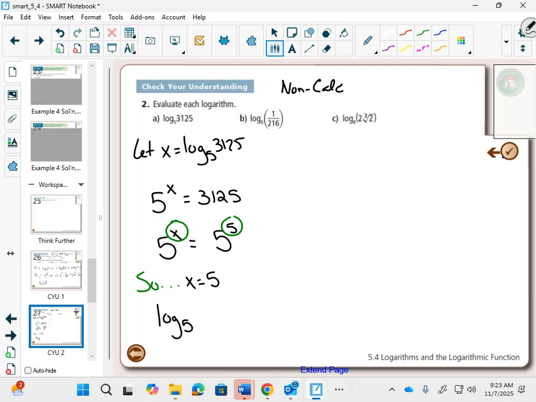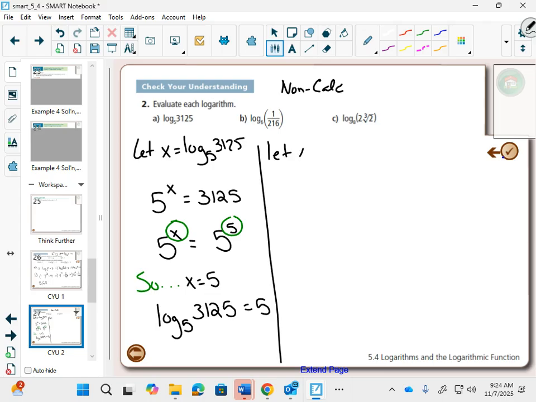Which means that log 5, because this is what? This is what we made x equal to. We wanted to find out what log 5 of 3,125 was. It's equal to 5. Now, 3,125 is one too high on your powers chart, so this would not be asked on non-calculator. But the second one could be.